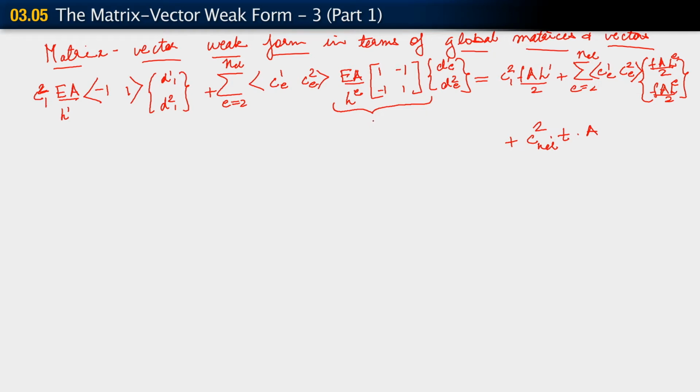We will denote it as K sub E, where K is a general symbol used for stiffness. Likewise, we can call this sort of vector the force vector for element E.